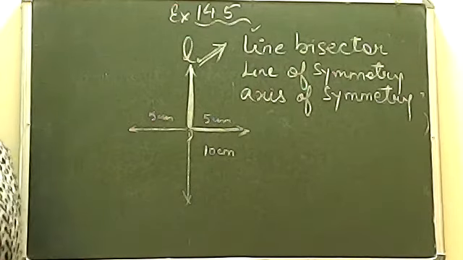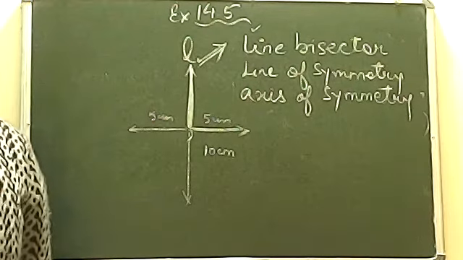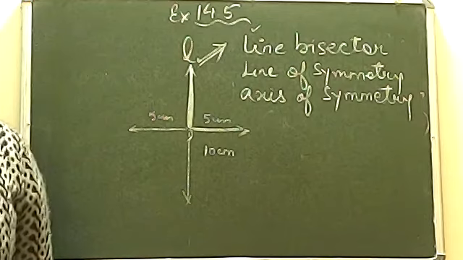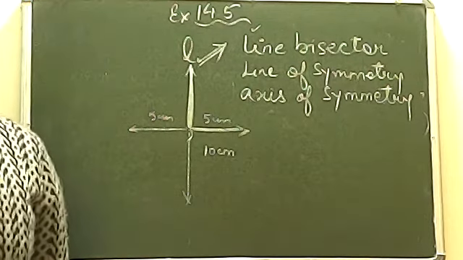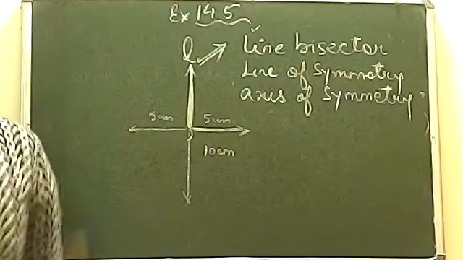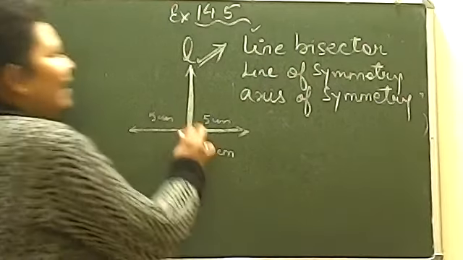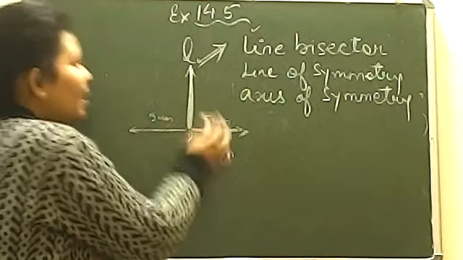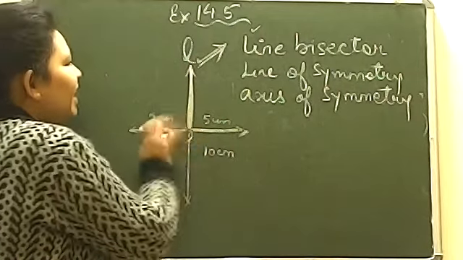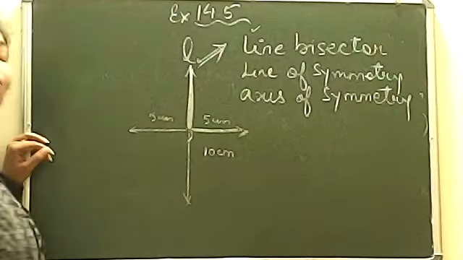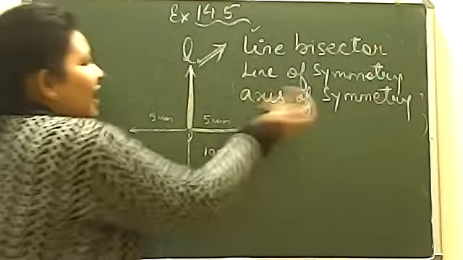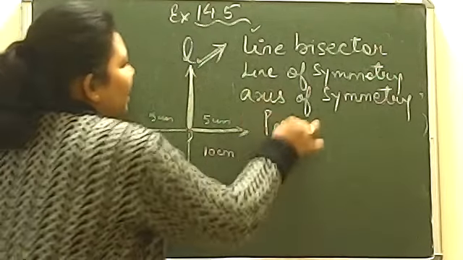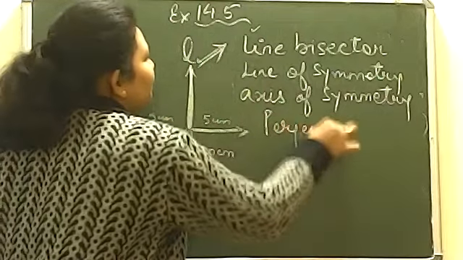Alphabet L reminds you of which angle? 90 degree, okay. 90 degree, fine. Right angle, isn't it? It reminds you of a right angle. So remember, these two lines are making a right angle also. And this line is dividing the particular line into two equal parts also. So one more name of this will be perpendicular bisector.